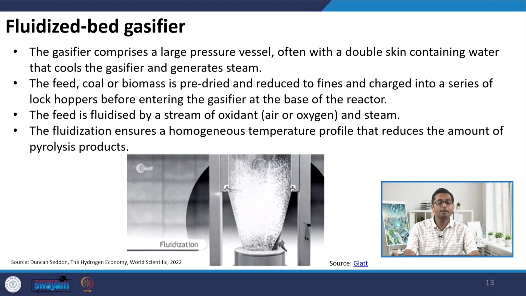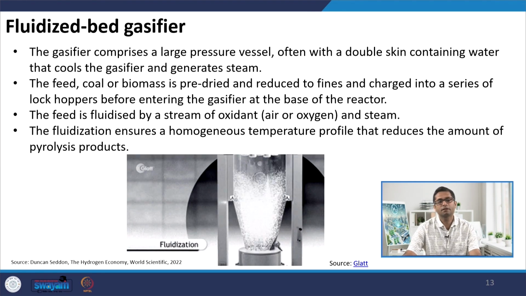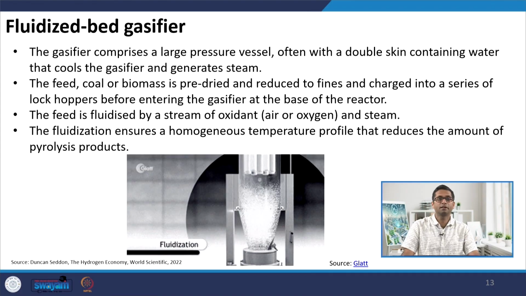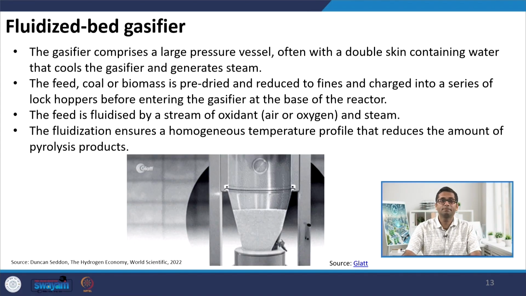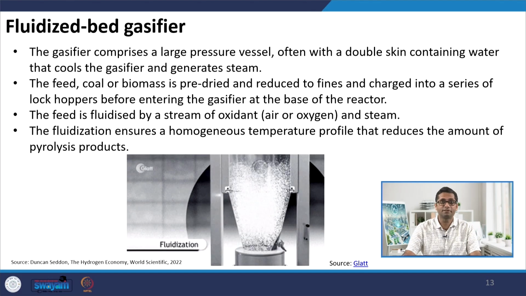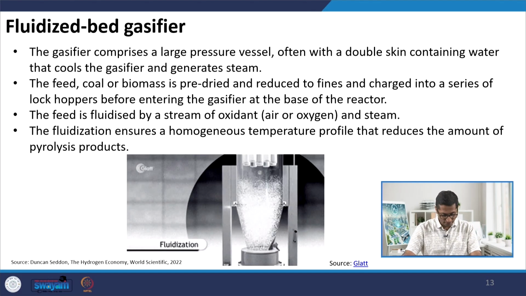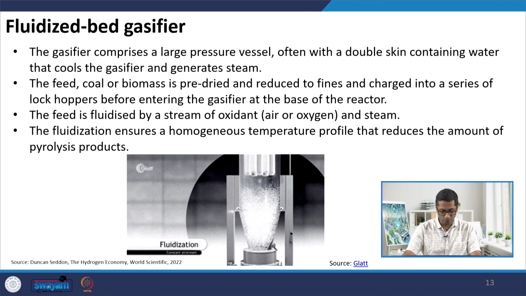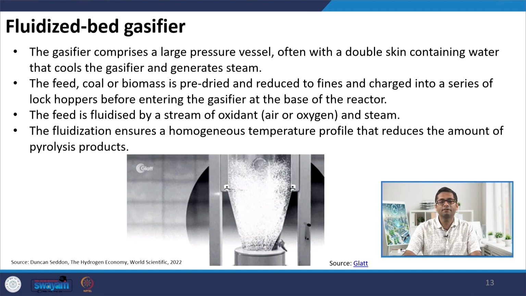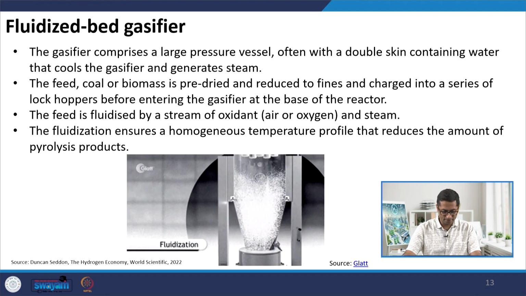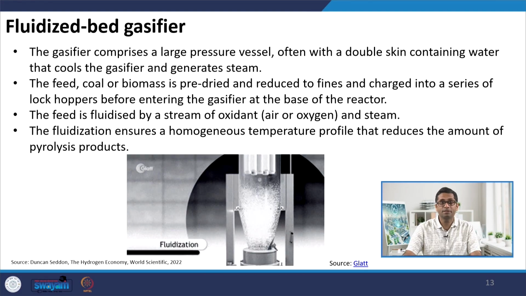Then another kind of gasifier that is available at a larger scale is the fluidized bed gasifier. As the name suggests, it is basically operating in the fluidized regime. Just to explain to people who are not aware of this fluidization phenomenon, the coal is entering in the form of very small particles, and then this is subjected to a very high velocity of the oxidant.